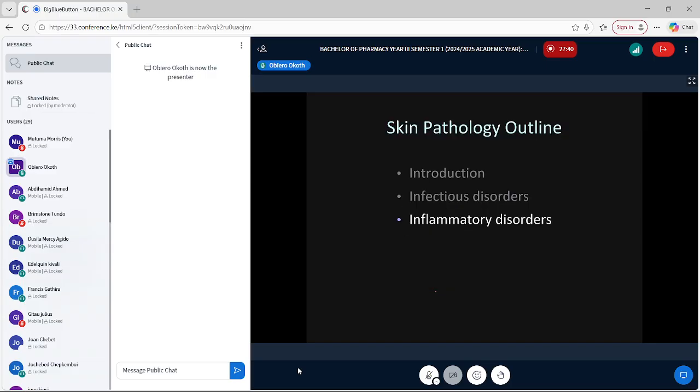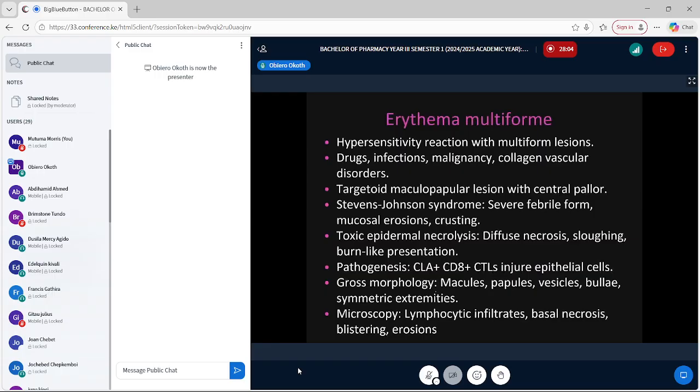So those are infectious disorders: acne vulgaris, the warts, the molluscum contagiosum, and of course the dermatophytes. Inflammatory disorders can be acute inflammatory dermatoses, like erythema multiforme.